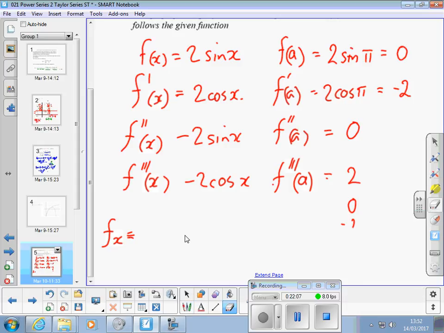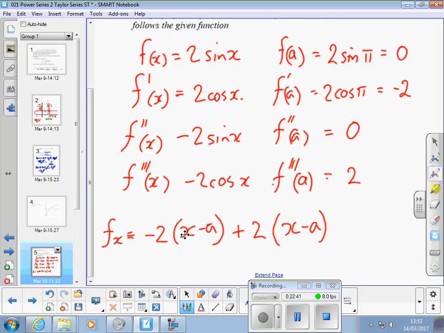Then we go 2, x minus a to the 3 over 3 factorial, and then we go -2, to the power 5 over 5 factorial.